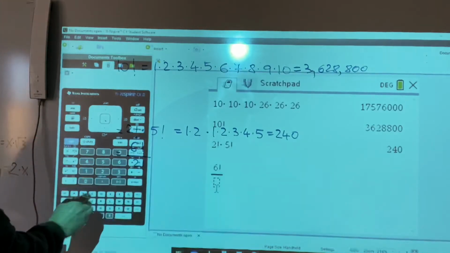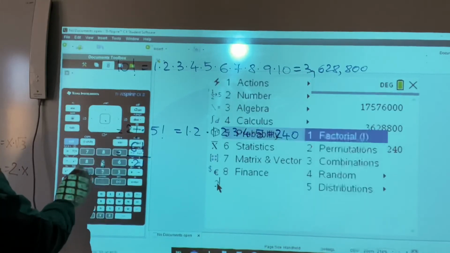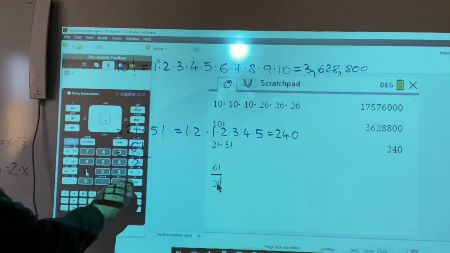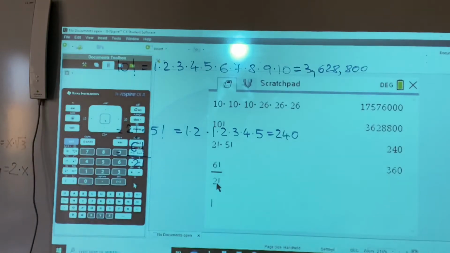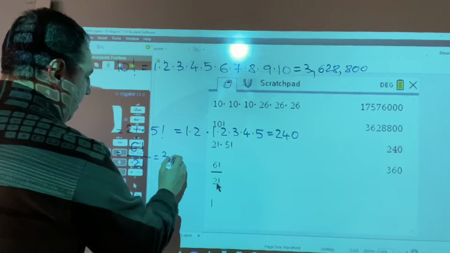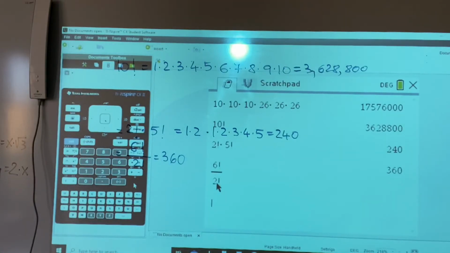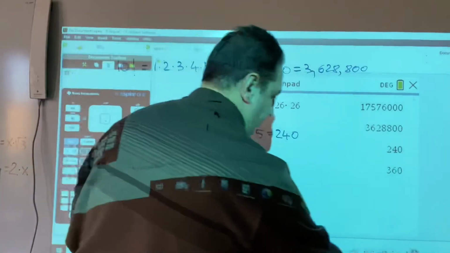In the bottom, 2, menu 5, 1. And then we hit enter. So the result is 360, the quotient, or the result of the division.